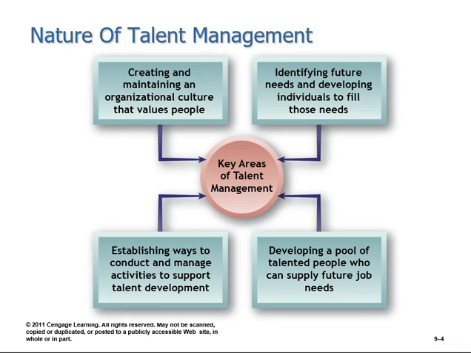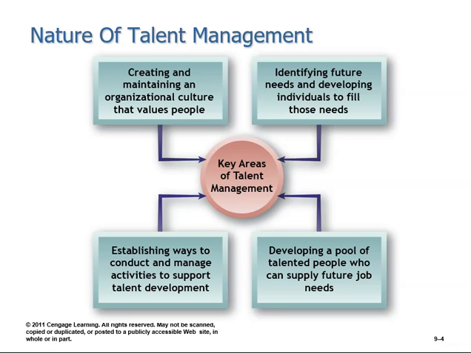So one is creating and maintaining an organizational culture that values people, so people know that they are important and that what they do is important. Two, identifying the future needs and developing individuals to fill those needs. So organizations should not just sit back and take a passive role when it comes to talent management and making sure they have the right people to work for the company.